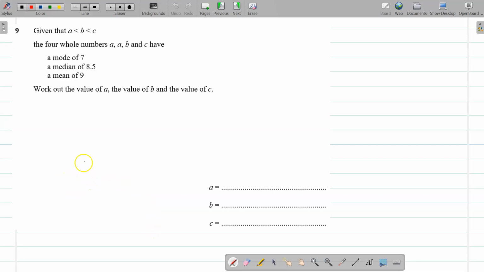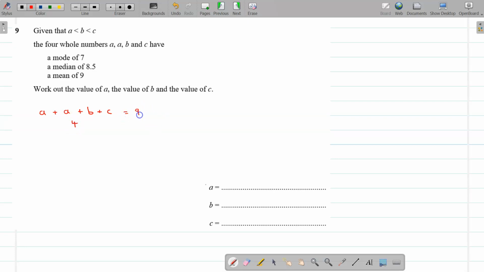Right, the first thing I'm going to do is use the mean first. I'm going to write down A plus A, or 2A if you like, plus B plus C, and if I divide all that by 4, I'm going to get the mean, which I'm told is 9.